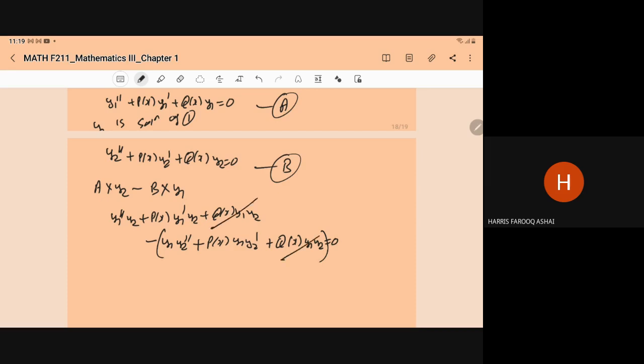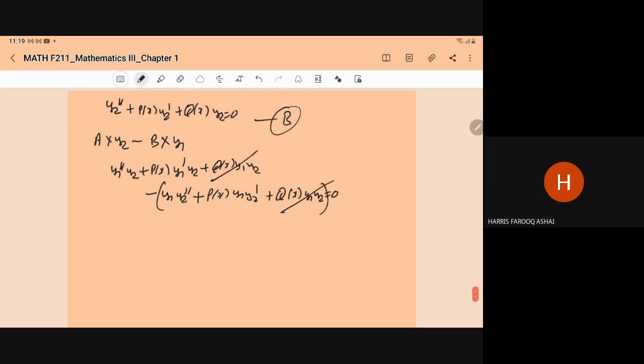So this will cancel out, and here we can write y1 double dash y2 minus y1 y2 double dash plus px into y1 dash y2 minus y1 y2 dash is equal to 0.